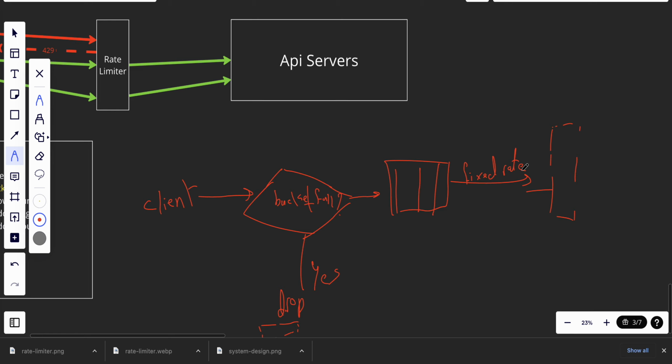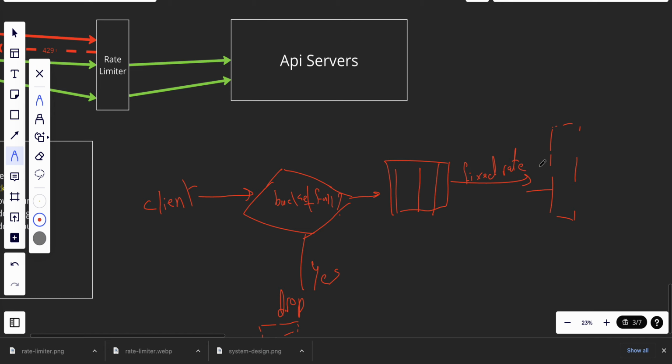The pros are that it's memory efficient given the limited queue size, and requests are processed at a fixed rate, so it's suitable for use cases where a stable outflow rate is needed. The cons are the two parameters, which are not that easy to tune, and a burst of traffic fills up the queue with old requests.